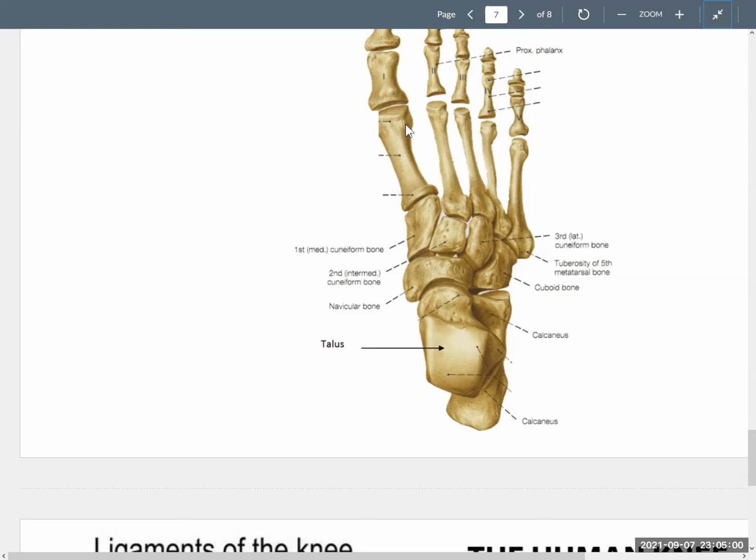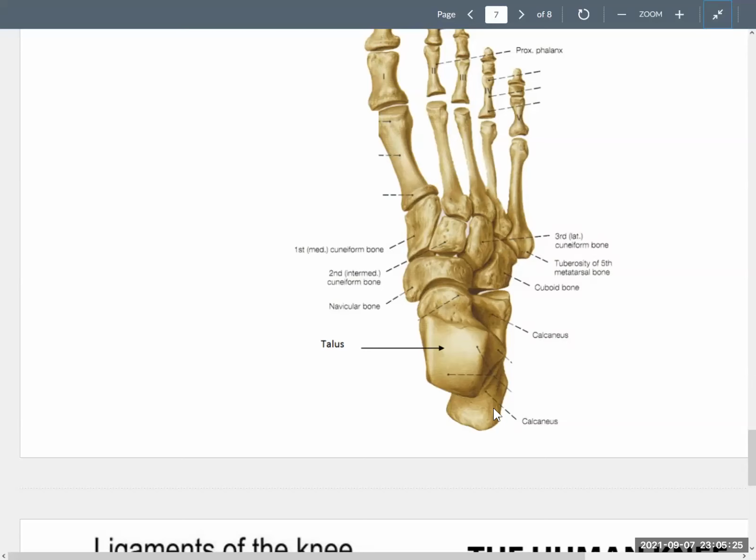Okay, now without going over the toes, again, let's just do the tarsals. This is cuneiform 1, 2, 3, different order. Those are straddled by the navicular, come back and up to the talus.